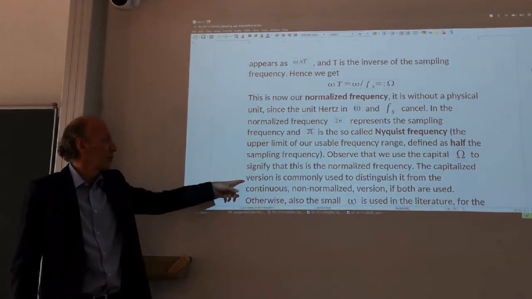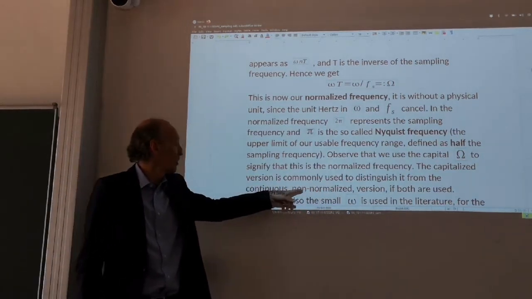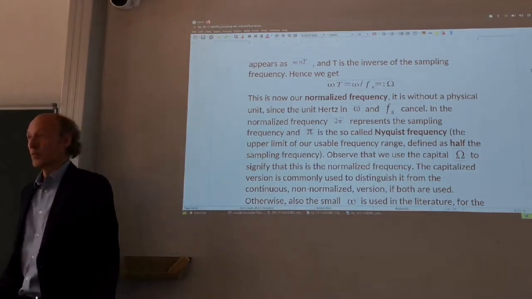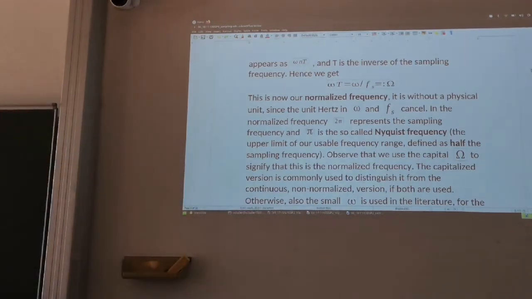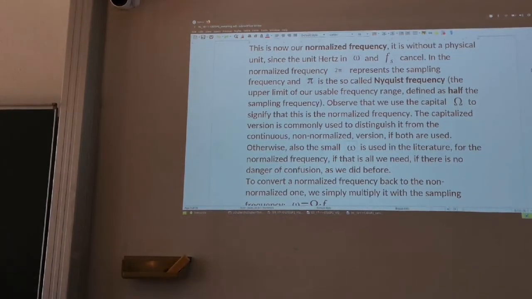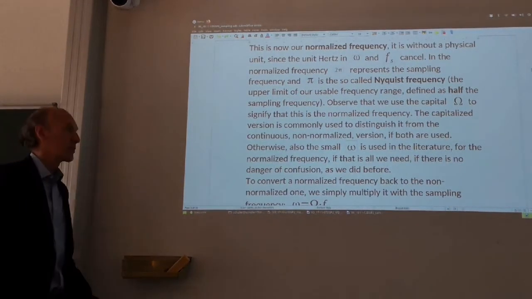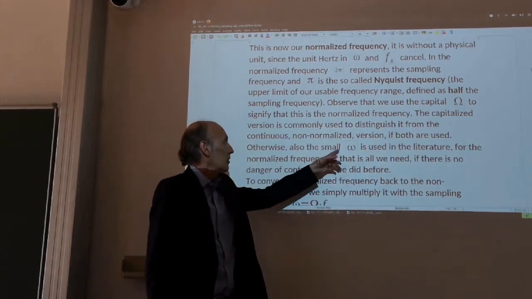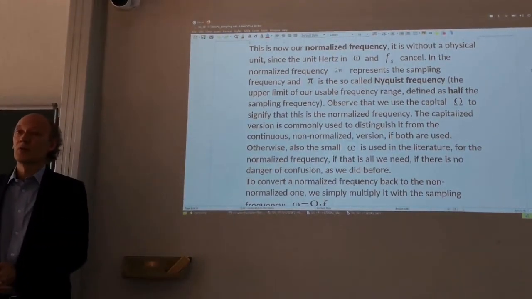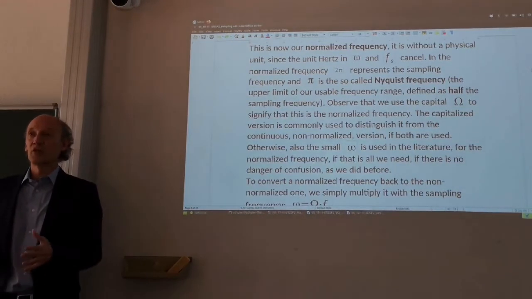So here we use the capital omega to signify that this is the normalized frequency. The capitalized version is commonly used to distinguish it from the continuous non-normalized version, if both are used. So in this case, I have lowercase and uppercase. But if you only talk about the normalized version, I will also use lowercase omega, and that's also common in literature.